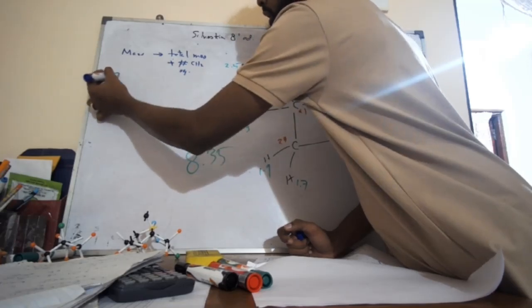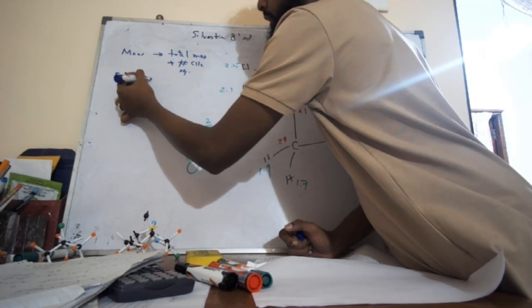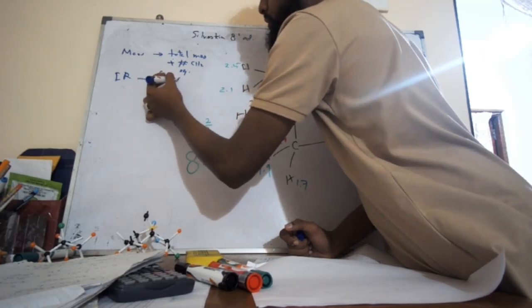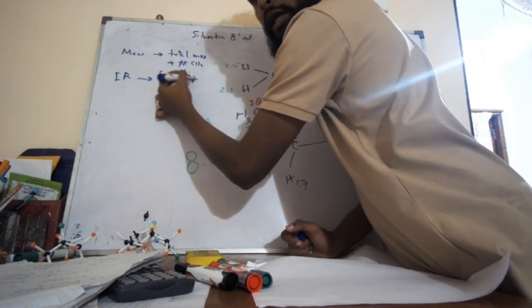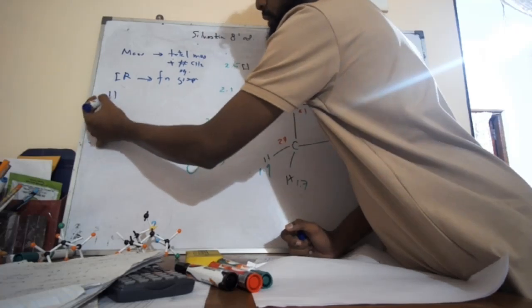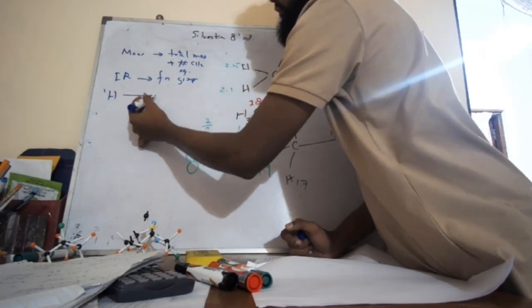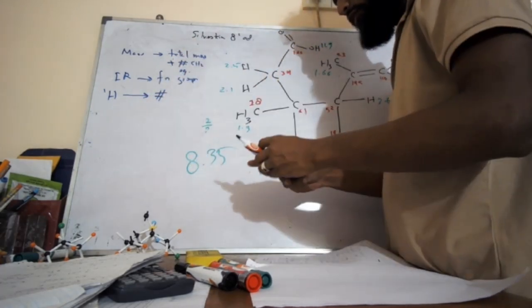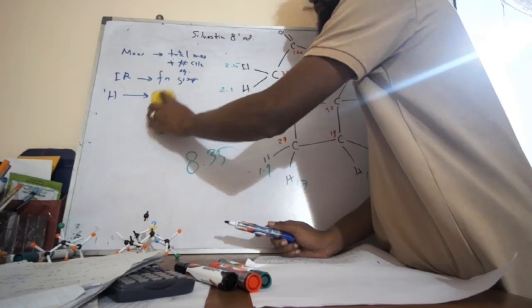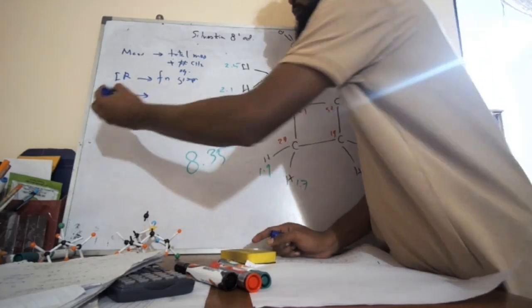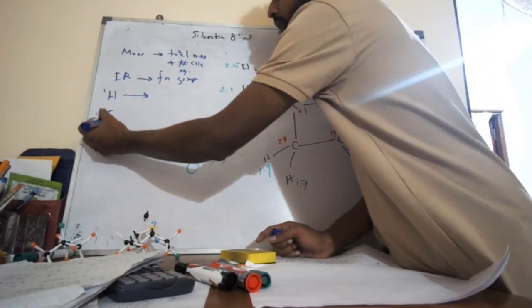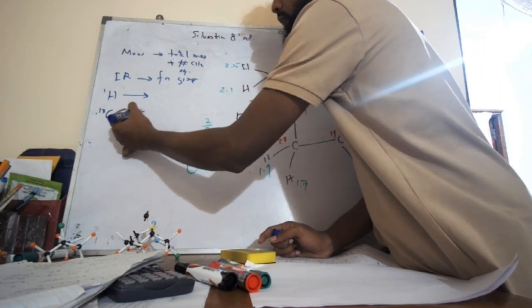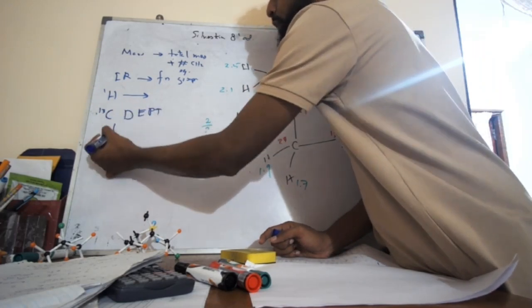And then you go to the IR, take a guess at the functional groups, and then we go to the 1H NMR, and you get the arrangement of protons and all of that, right? And then you list down the 13C DEPT, right?